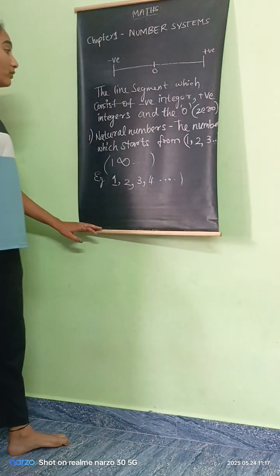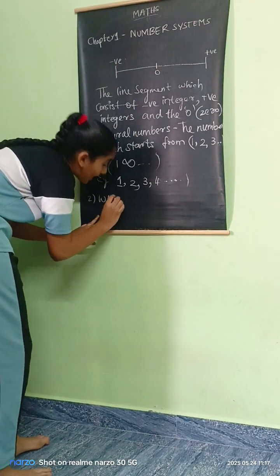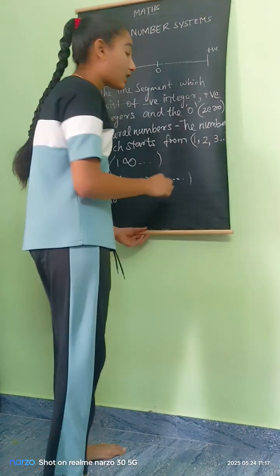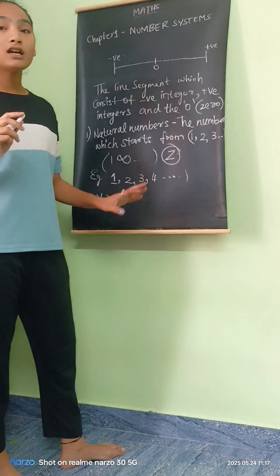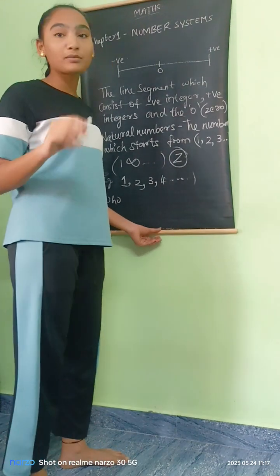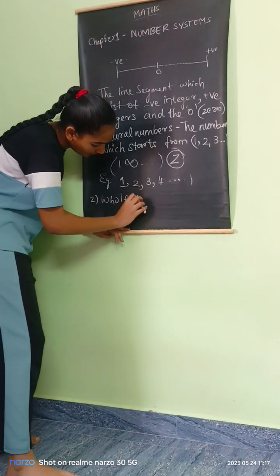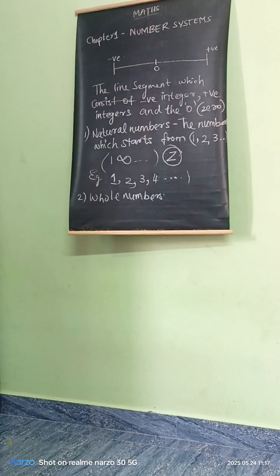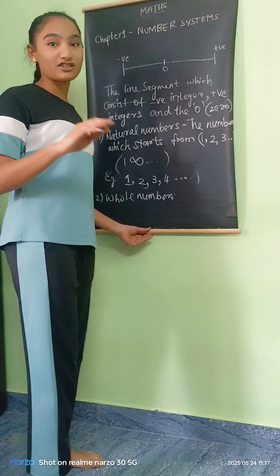Next, let's move into the topic of whole numbers. And here, another point we have to note is that natural numbers are denoted by the letter Z. Z comes from the German word Zahlen, which means numbers. Before I said that natural numbers are denoted by Z, but that's not correct.